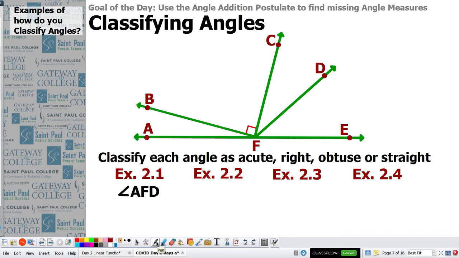In the picture, we have to be able to find that. Do people see the angle we're talking about here? From A to F to D. Looking at that, the angle is bigger than 90 degrees. So we call that an obtuse angle.